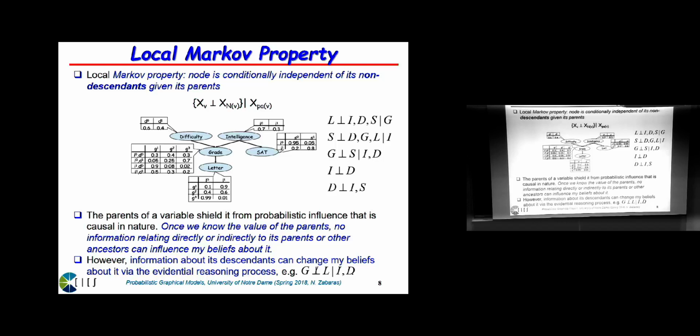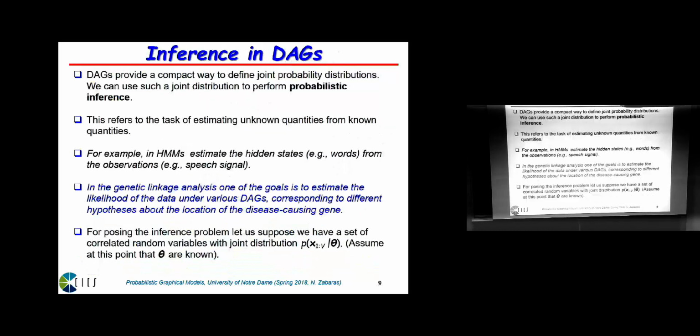But notice something I am discussing on the bottom: if you look at the grade, given the intelligence and the difficulty, it's not independent of the letter, because the letter is not in the list of the non-descendants. So G is not independent of L given I and D.